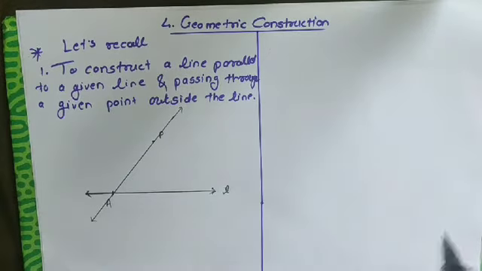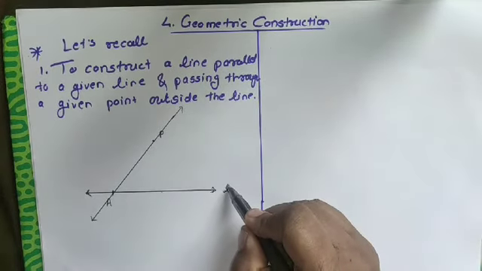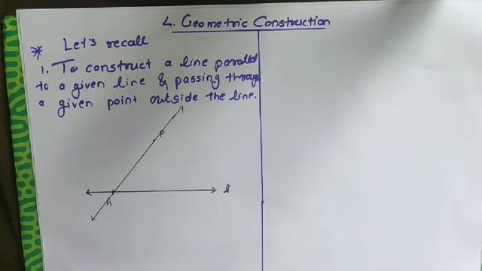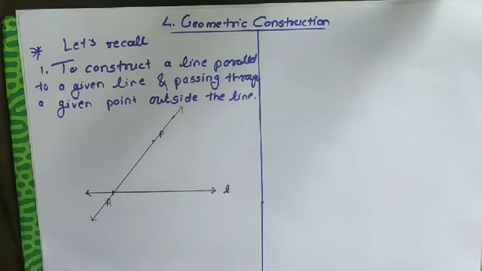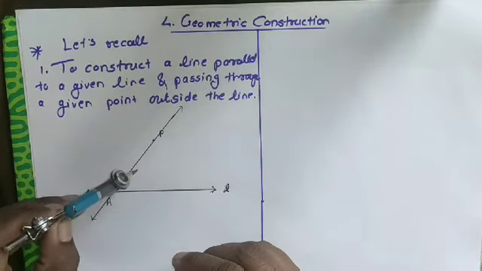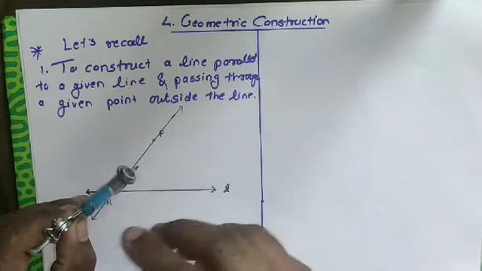So this is my line passing through points A and P. I am using a pen here because you can't see it properly, but you have to use a pencil only for that. Now after this, take a compass, adjust the pencil inside it, take a sufficient measure in the compass and draw the arc, taking point A as a center.